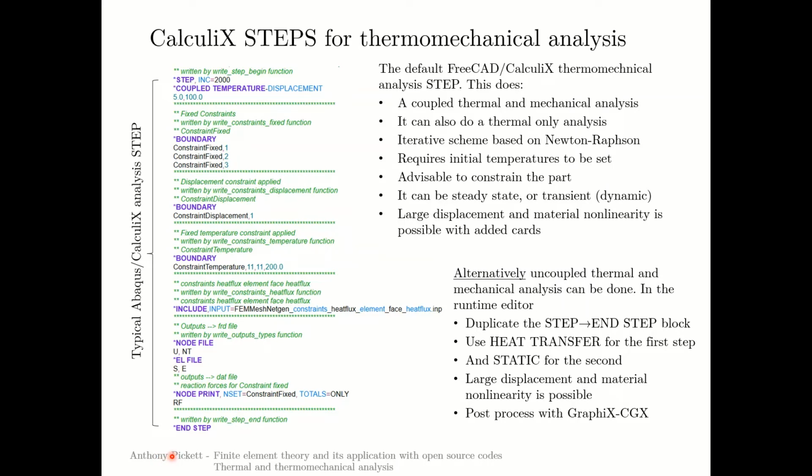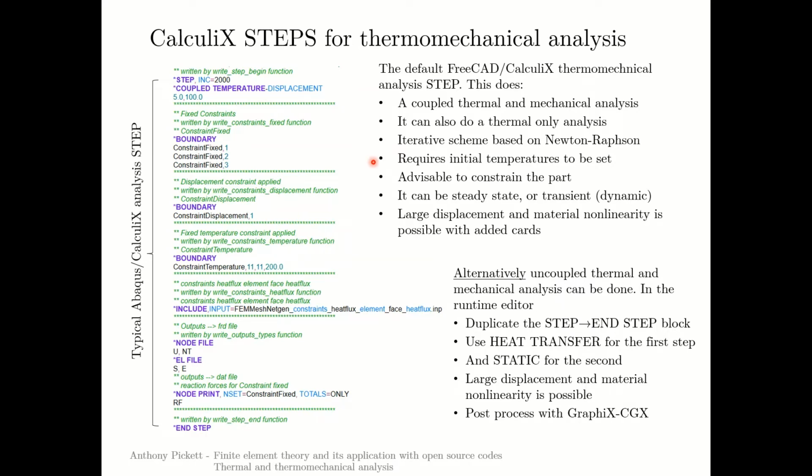One of the tutorials I do has 3 analysis steps, in the book that is. In this step you list information like boundary conditions, thermal loading, output information. It is, as I say, an iterative scheme based on Newton-Raphson.